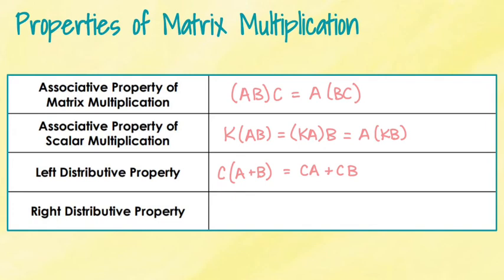However, there is a right distributive property because the order that you multiply matrices matters. We just talked about that in the example I gave you before we started the chart. On these, you can still distribute, but the C is on the right side, so that means that the C stays on the right side.